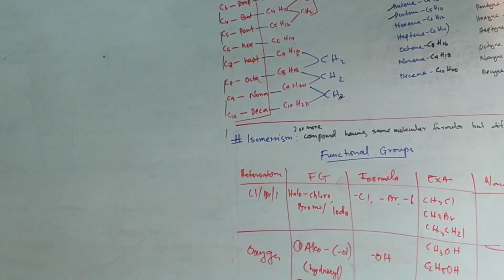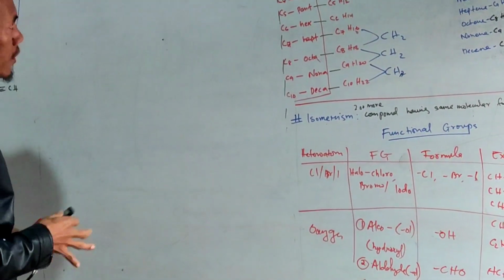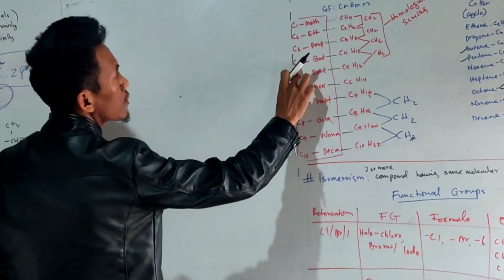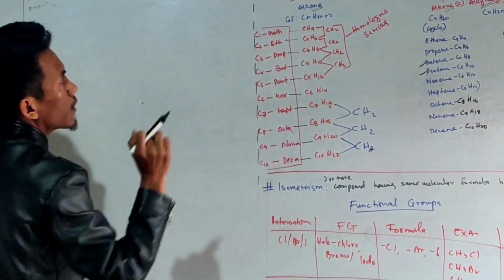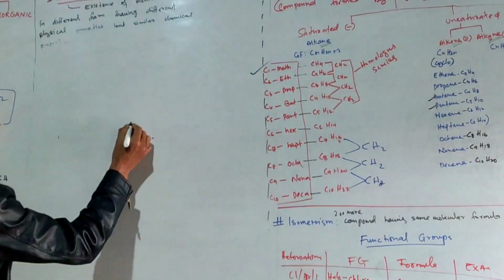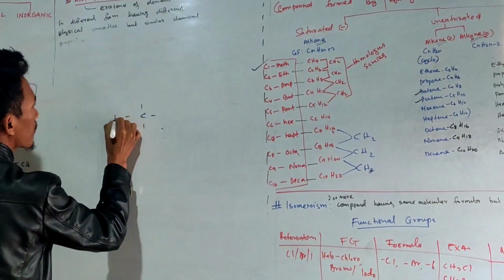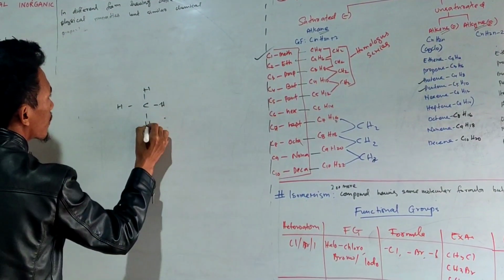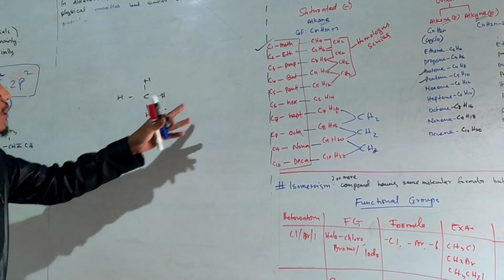I'm going to show you now. Let's start from CH4. This is the possible structure of methane.